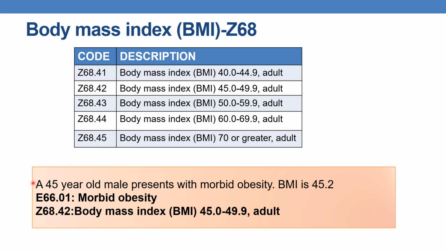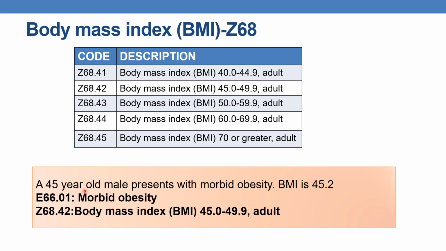Now let us see an example. A 45-year-old male presents with morbid obesity. BMI is 45.2. Here the BMI is 45.2, so that is in the range 45.0 to 49.9. So the appropriate code is Z68.42. BMI should be coded only when there is a relatable diagnosis such as obesity.